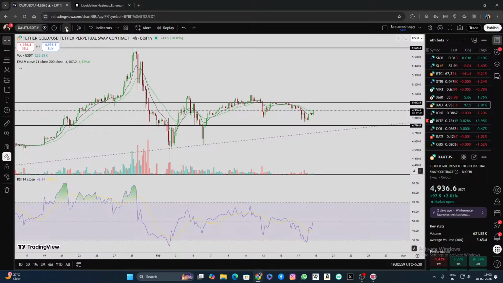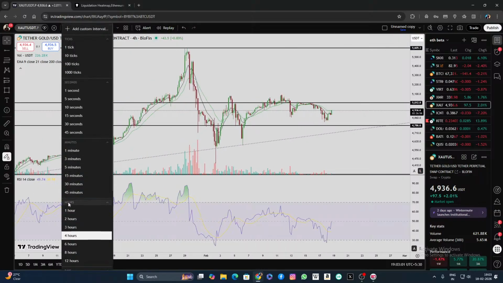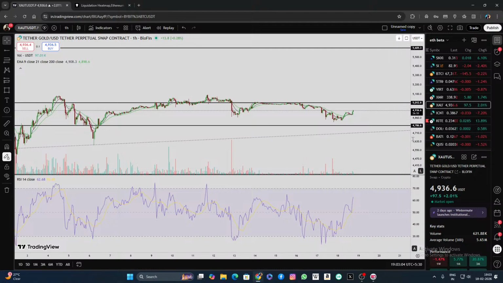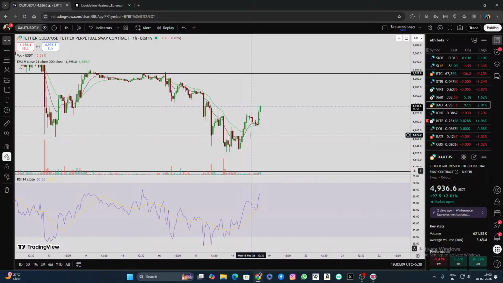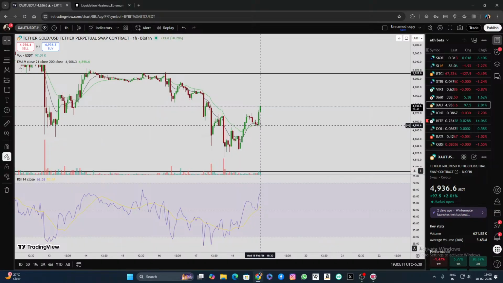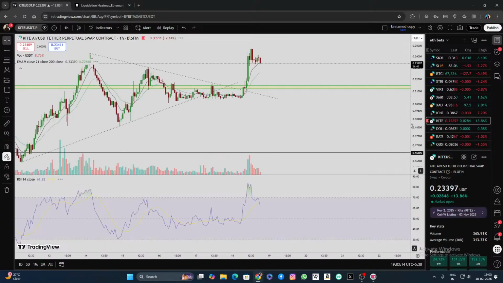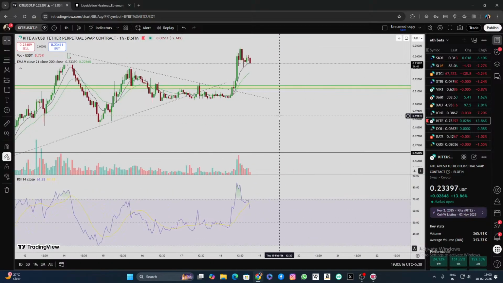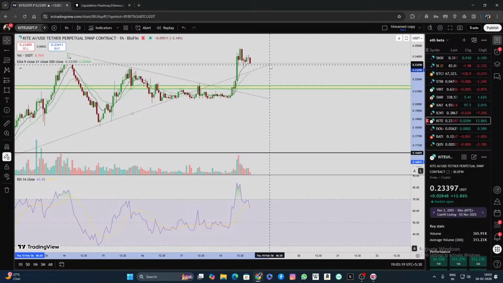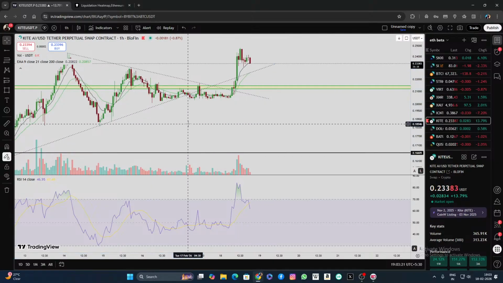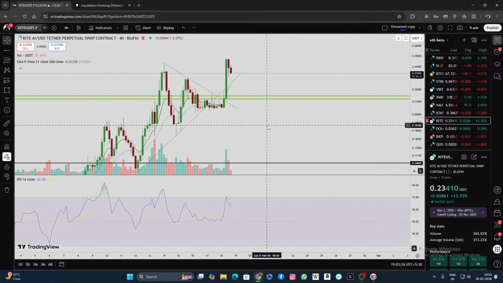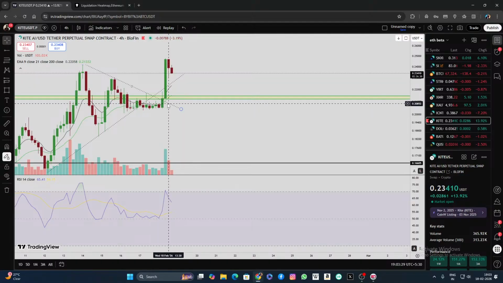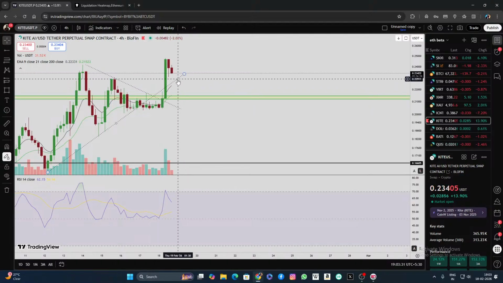What's happening to gold? Damn. Kite, I also will wait to retest around this trend line, and I will not touch it before that.